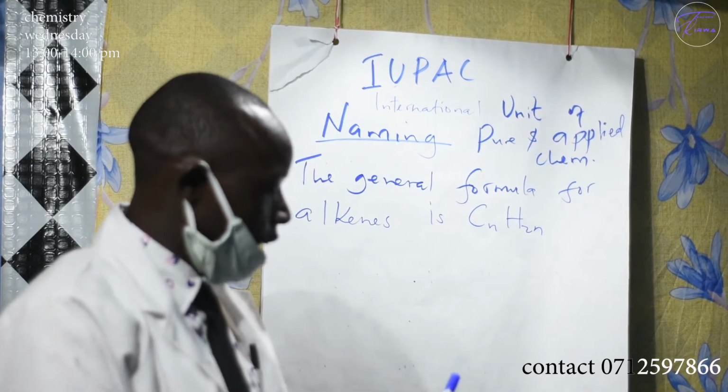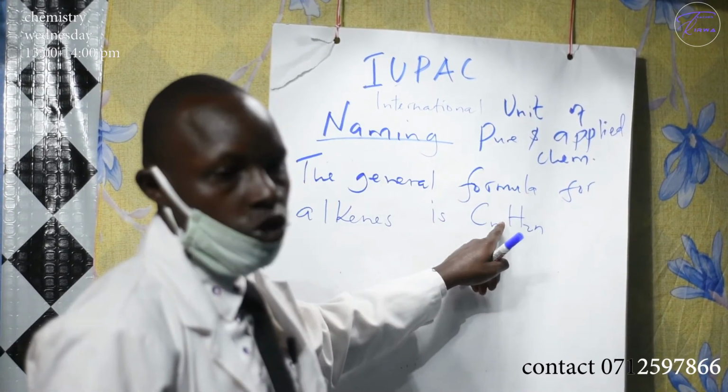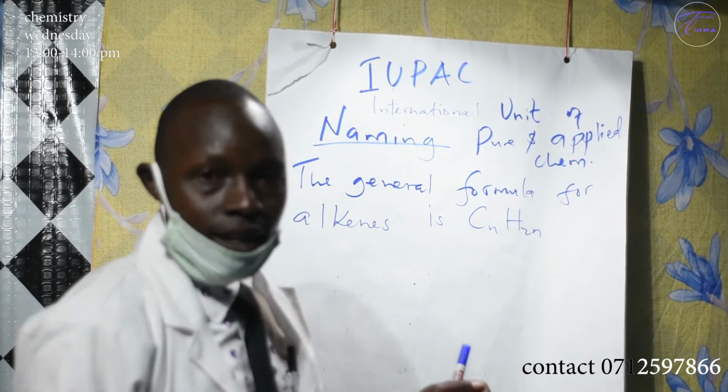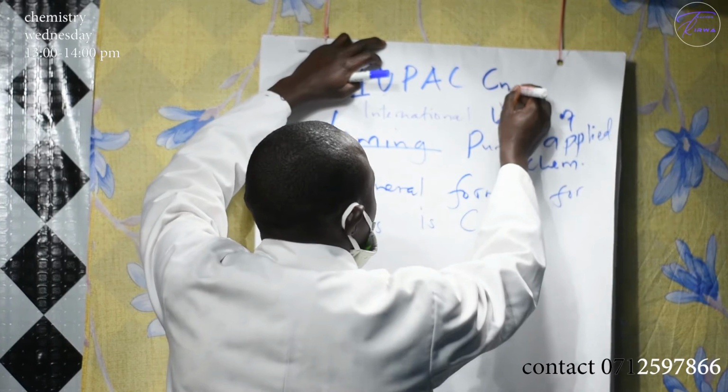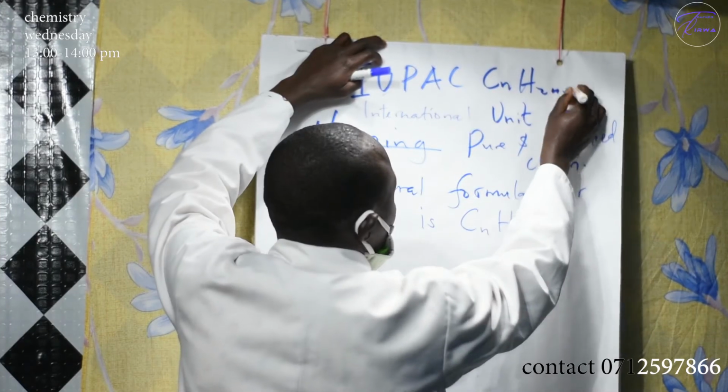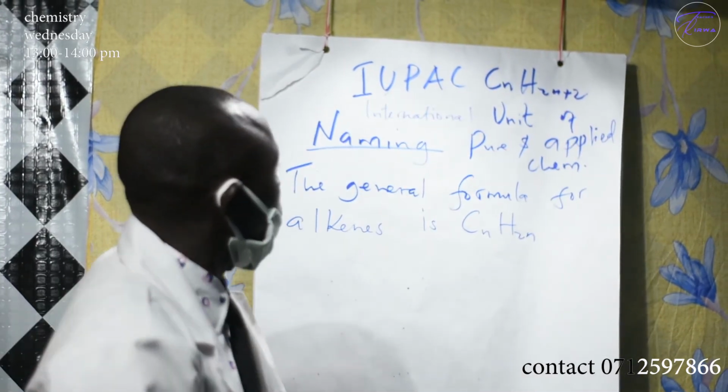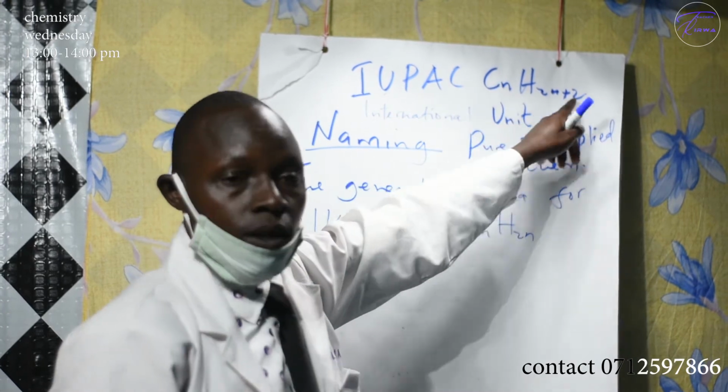For alkanes, we said the general formula was CnH2n+2. Okay? This was for alkanes, CnH2n+2.